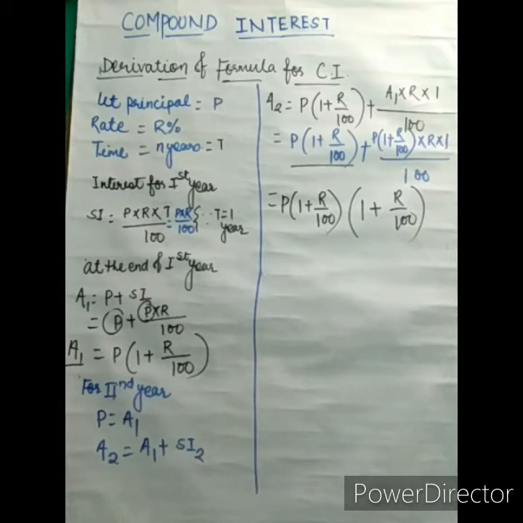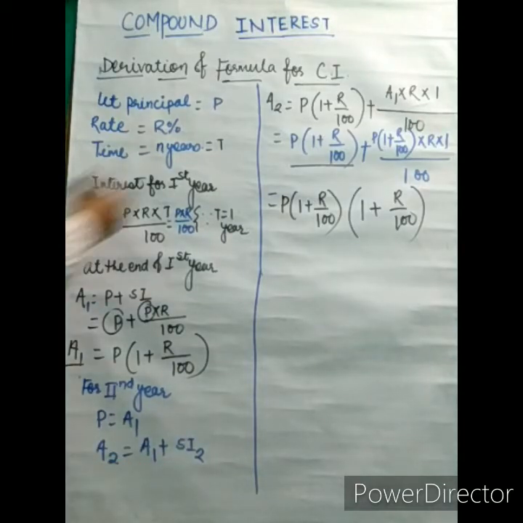Now we know that in compound interest, the amount at the end of the first year becomes the principal for the second year. So the principal of the second year will be A1. If we calculate the amount for the second year, A2 is equal to principal, which is A1, plus simple interest of the second year.